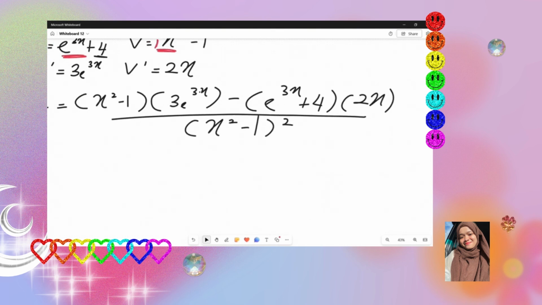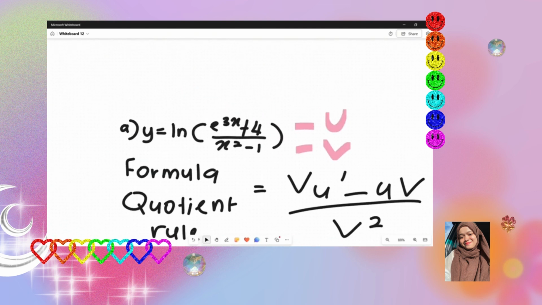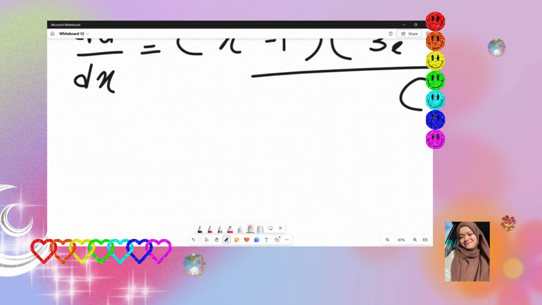After that we need to differentiate the ln. For dy over dx, we write the equation.